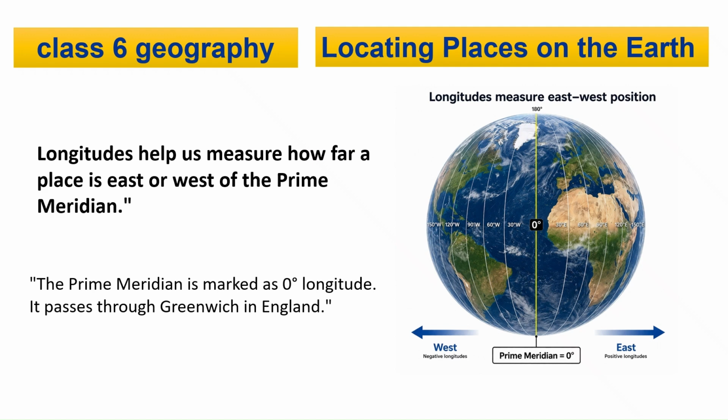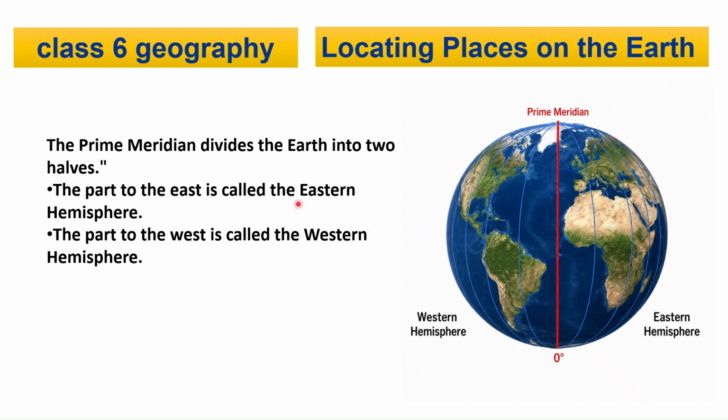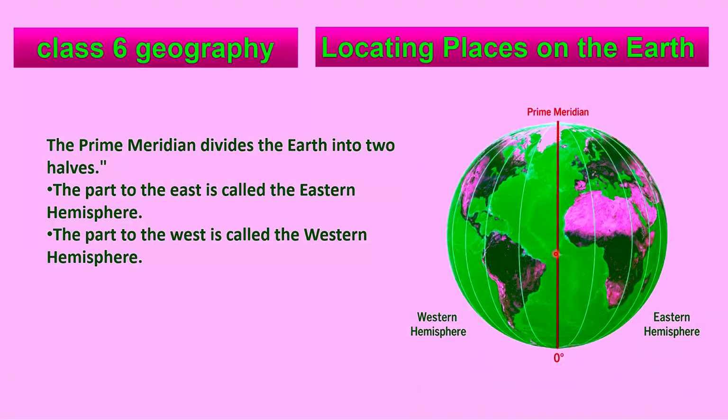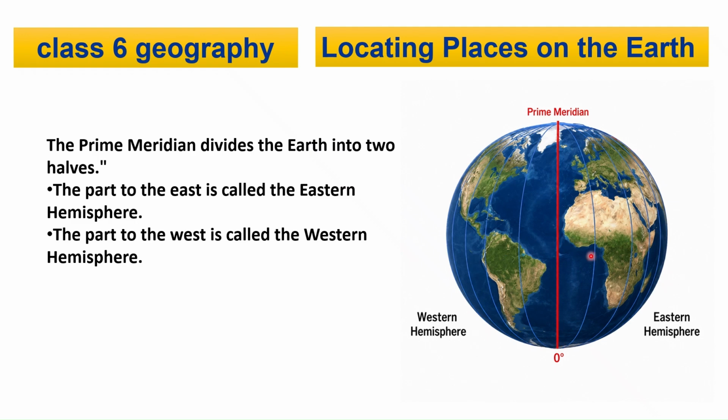And longitude helps us measure how far a place is east or west of the meridian. The prime meridian divides the earth into two parts, the eastern hemisphere and the western hemisphere. The part to the east is called the eastern hemisphere and the part to the west is called the western hemisphere.